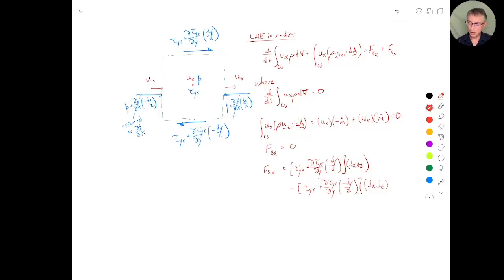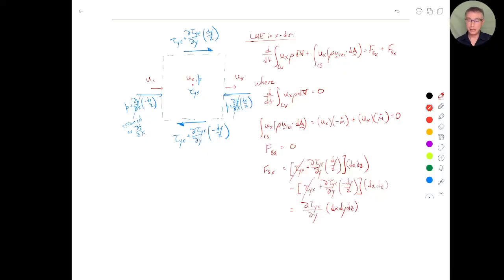And if you look at that, we can simplify it. That tau and that tau will cancel out, and then the d tau dy terms will actually add together, because this top one is positive and the bottom one has two negatives that make it positive. So this will just end up becoming d tau yx dy times dx dy dz.